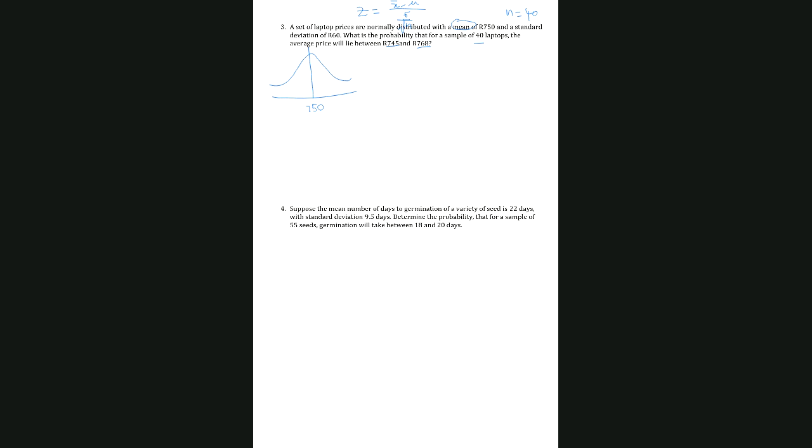So we'll first plot 745, which would be somewhere before 750, and then we'd plot 768, which would be somewhere after 750. As you can see, they're saying between these 2 points, which means that the portion that I have indicated using this bracket is what we're referring to.